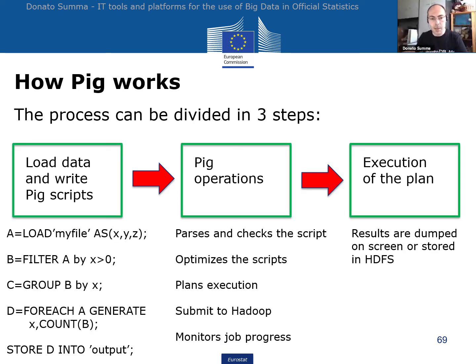So basically, at the first step, you just have to write your script, and within your script, you have, for example, to load the data and write some operations such as joining, filtering, grouping, stuff like that. Once you have written your script, the Pig engine is responsible to parse and check the script.